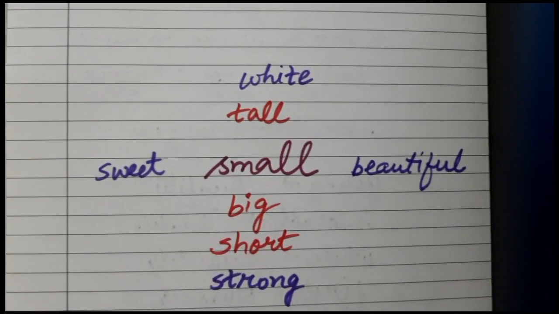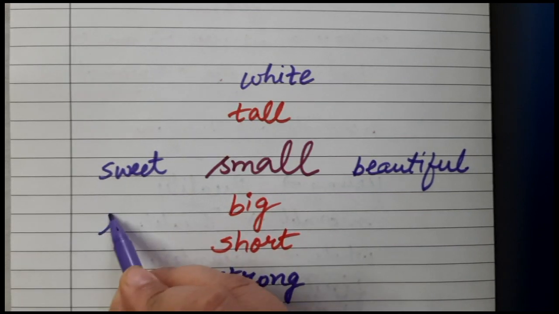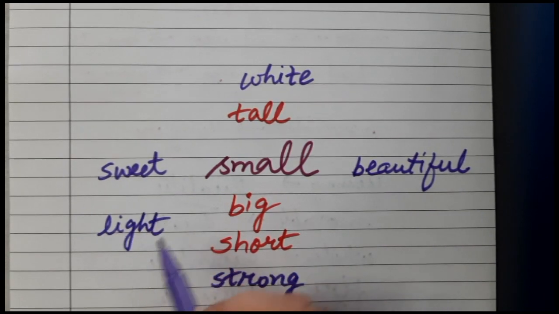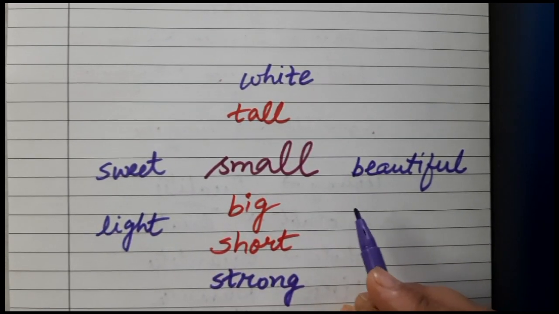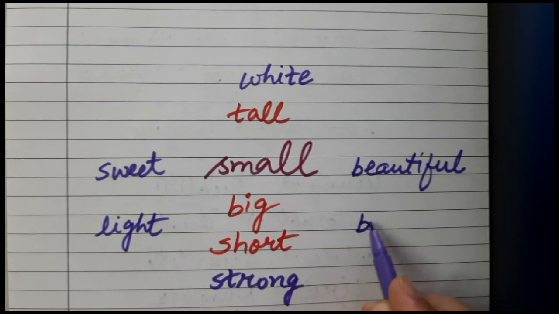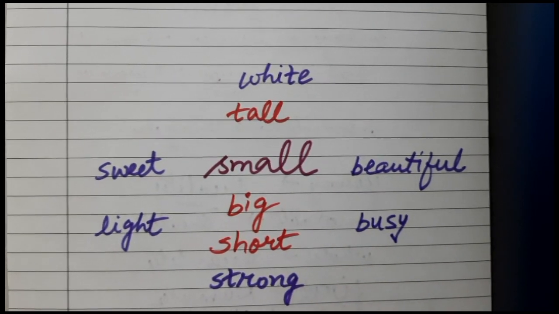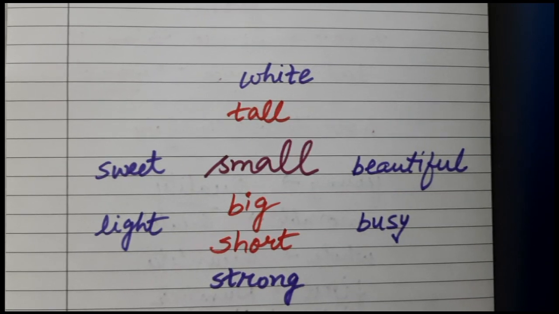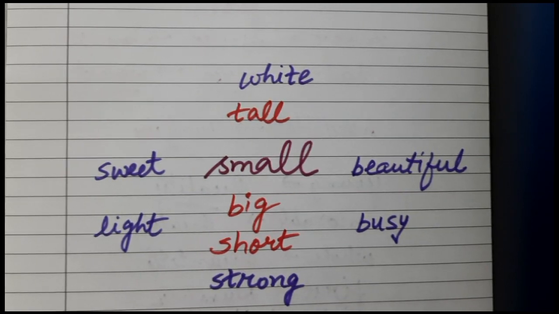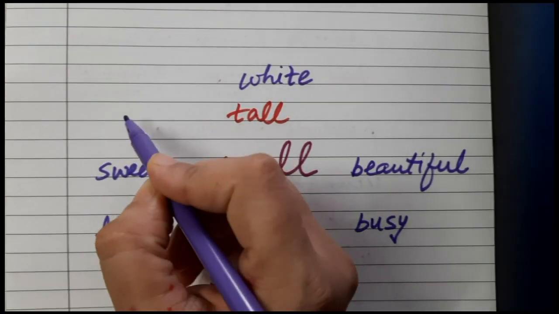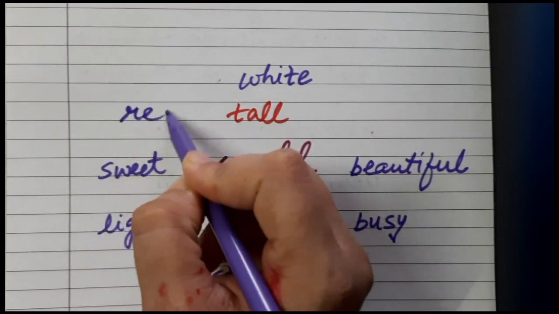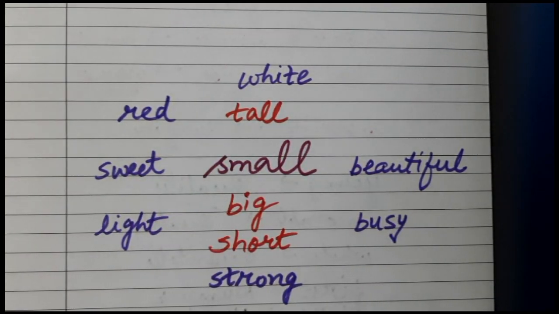All right. How about light? Okay. Something else like busy. You must be wondering why I am asking you so many adjectives. All right, just one more before we directly come to our topic. Red. Let it be an adjective.